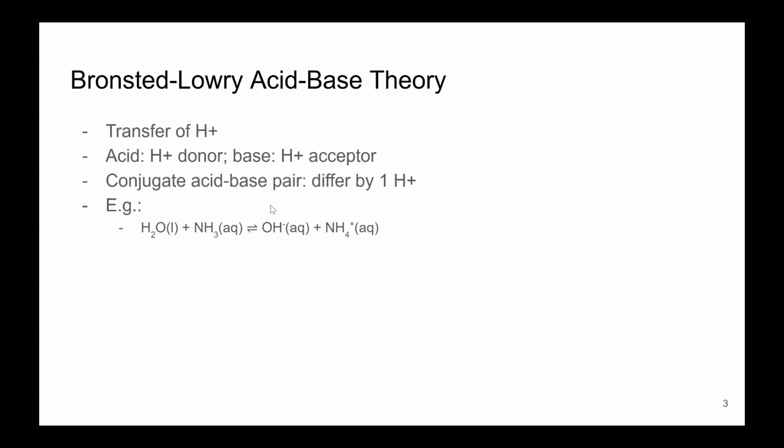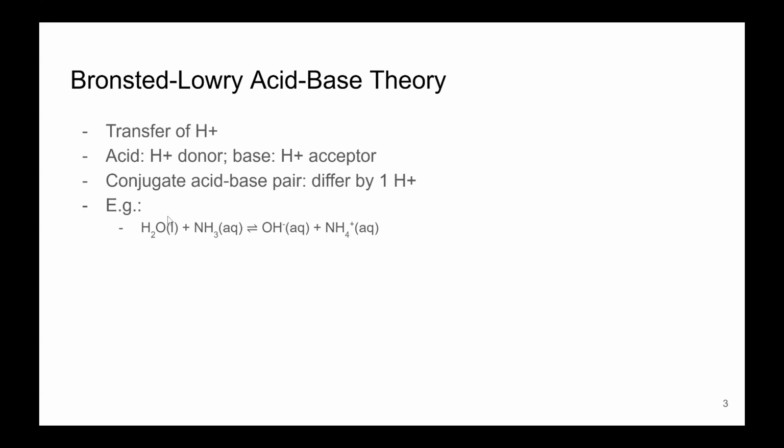When water reacts with ammonia, water is acting as the acid, while ammonia is acting as the base. After the water protonates, or transfers the H+ to the ammonia, the water becomes hydroxide and the ammonia becomes ammonium ion. So we have two pairs of conjugate acid and bases here.